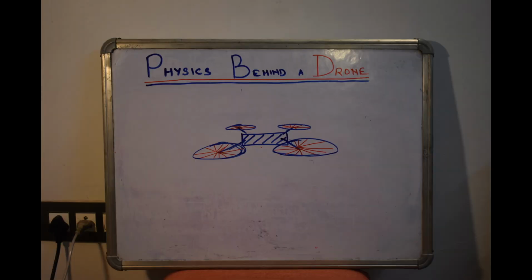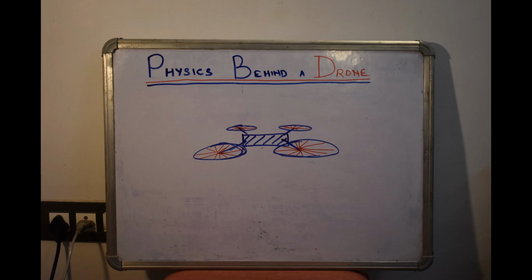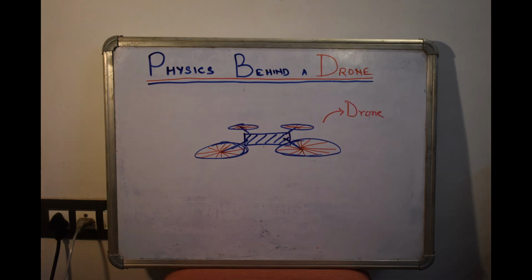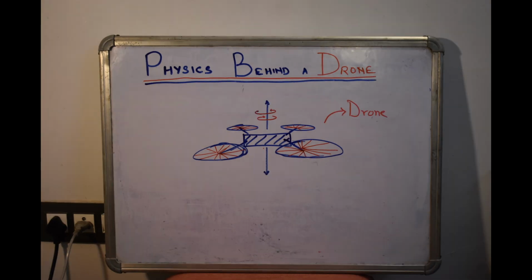So here on the whiteboard, this is a pictorial depiction of a drone. This is just a rough sketch of how a drone looks. A hovering drone is in equilibrium. The total thrust is equal to its weight.